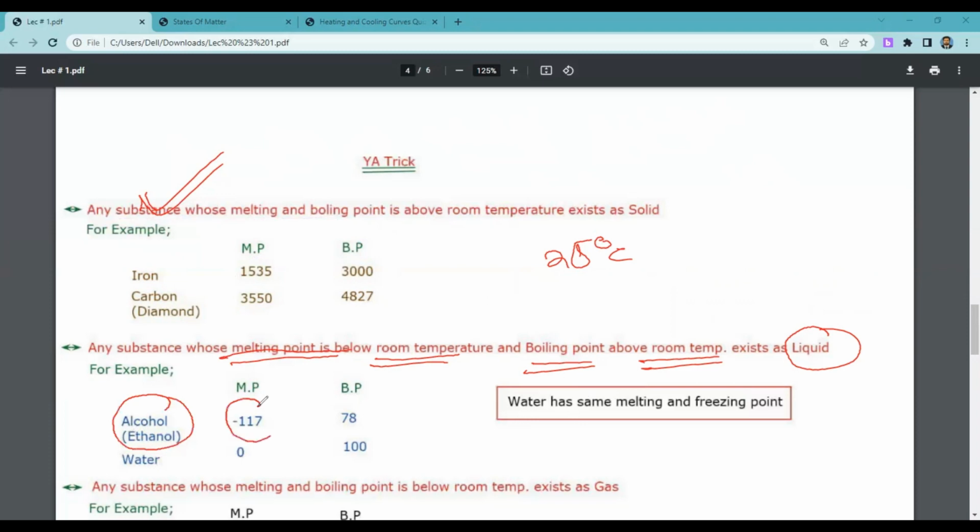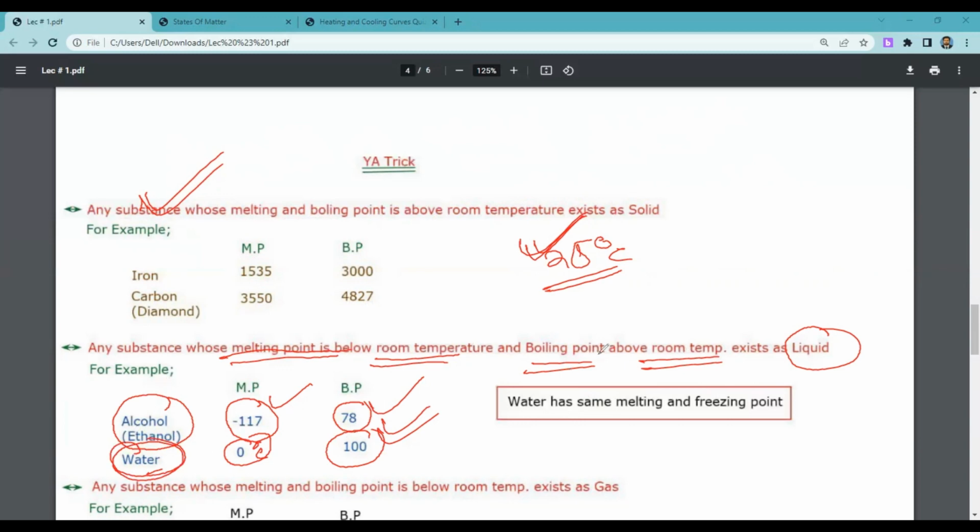Its melting point is -117, which is below room temperature, while its boiling point is above room temperature. Therefore, this is liquid. While for water, its melting point is 0 degrees centigrade. This is lower than room temperature, and its boiling point is higher than room temperature. This water will also exist as a liquid.